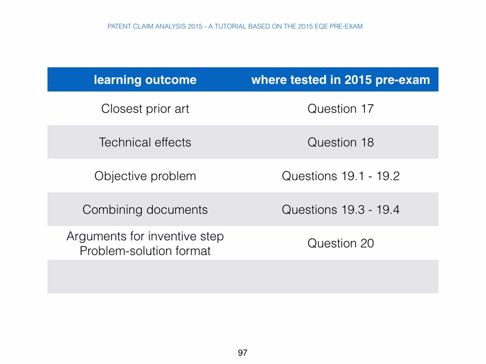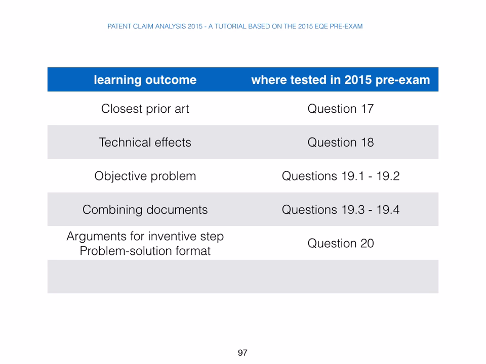The technical effects you need to complete a problem solution presentation are to be found in the description, and this is very useful for processing the opposition paper C. The objective problem was the subject of questions 19.1 and 19.2. The objective problem is based on the technical effect achieved by the claim's distinguishing feature over the closest prior art. Note that expression of the objective problem is somewhat subjective.